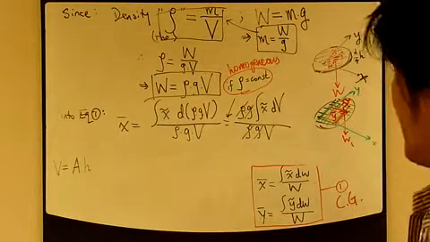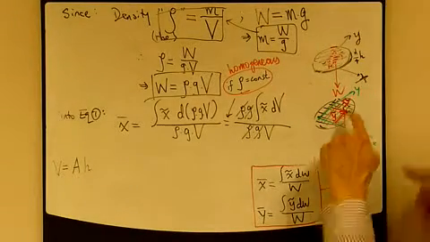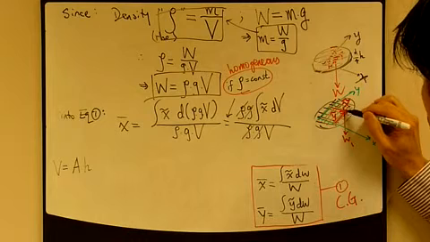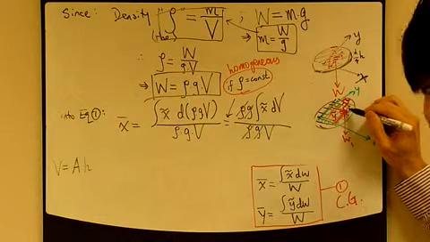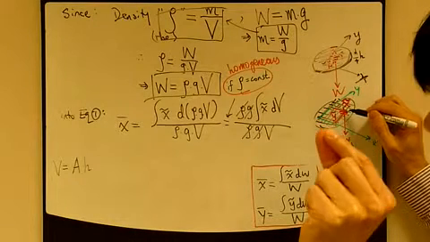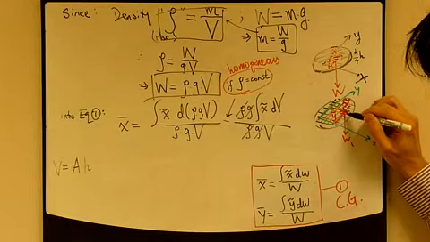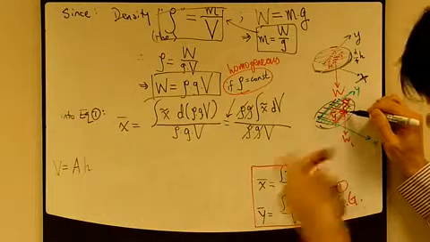And the same thing for each individual piece. The small element has a tiny area, and the volume of this element is the tiny area times height.